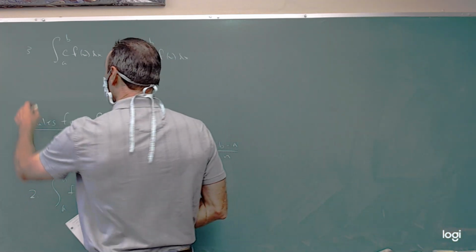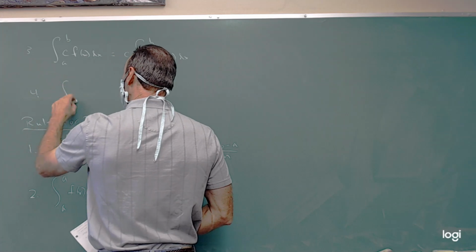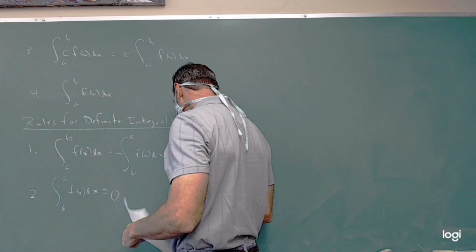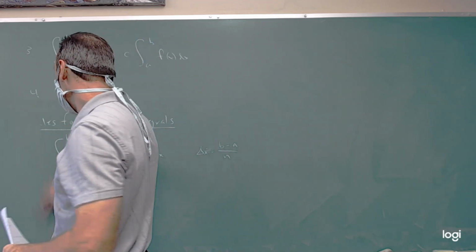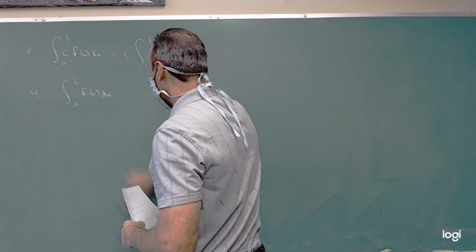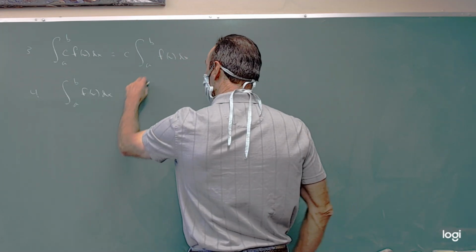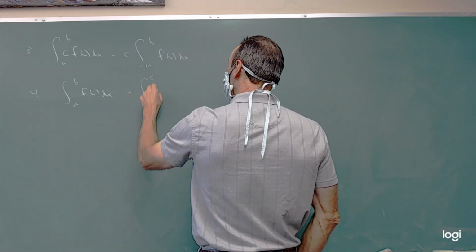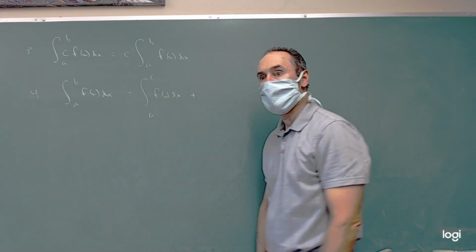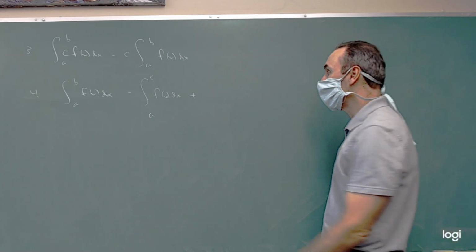We have this additivity property. If we take the integral from a to b of f of x dx, then we could say that's the integral from a to c of f of x dx plus the integral from c to b.